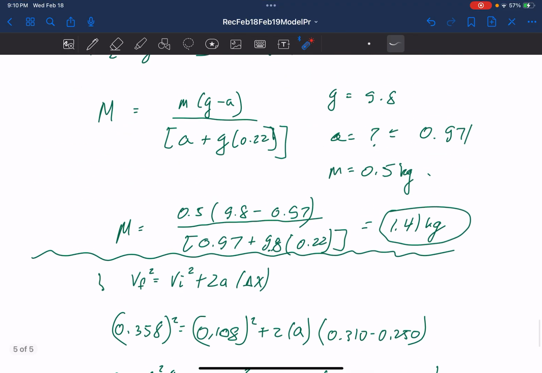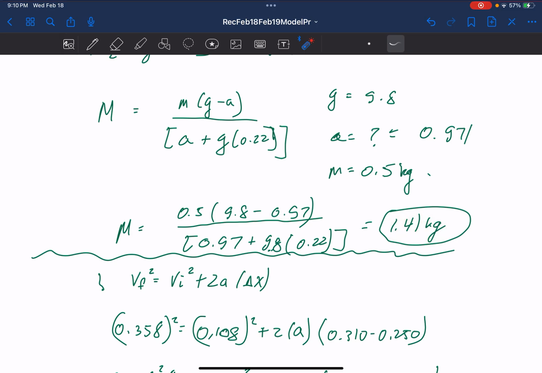And now that we have acceleration, we can plug it in to our expression for big M, which is 0.5 for little m right here, 9.8, 0.97 plugged in for A, 9.8 again, 0.22. And our answer for big M now is 1.41 kilograms.